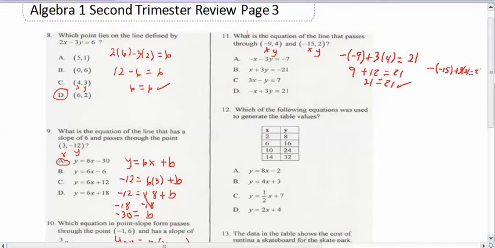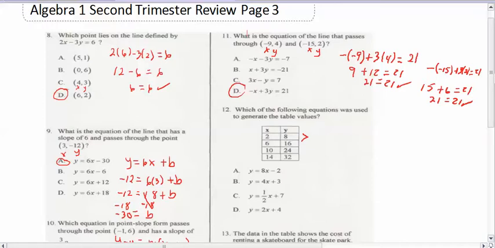Is that equal to 21? So I have 15 plus 6. Is that equal to 21? 21 is equal to 21. And that is working. So it's letter D. But if I didn't know right offhand, I would try each of those and then I would figure out my answer.